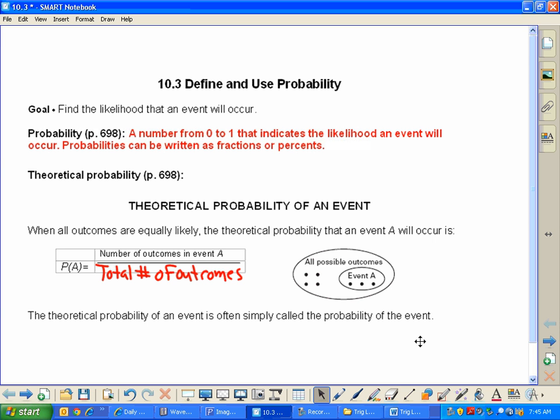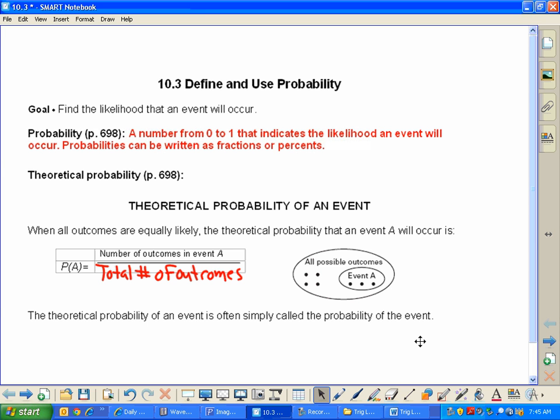The first type of probability that we're going to take care of today in class is called theoretical probability. Our definition takes up a pretty big chunk of space here, but it works like this. When all outcomes are equally likely, it's not a two-sided coin, it's not a weighted set of dice, it's not marbles with bends in them.